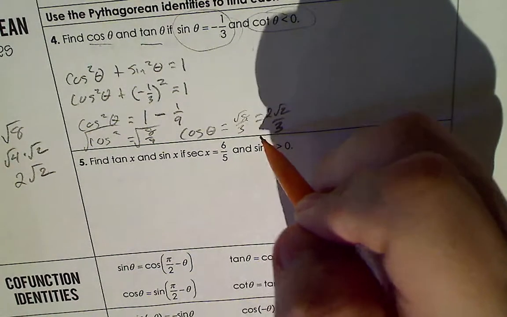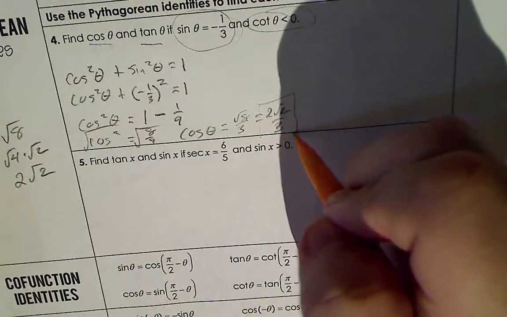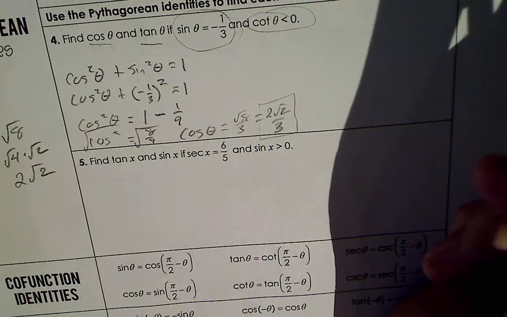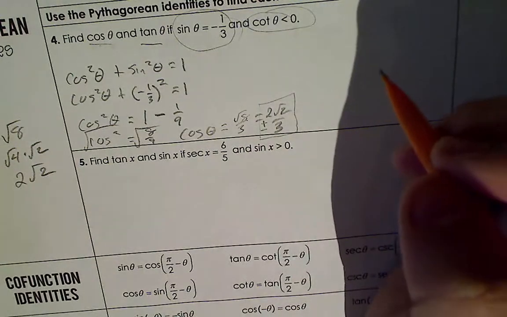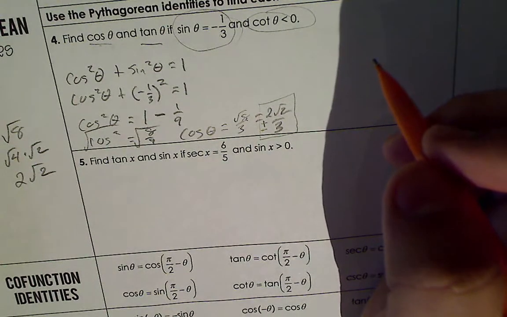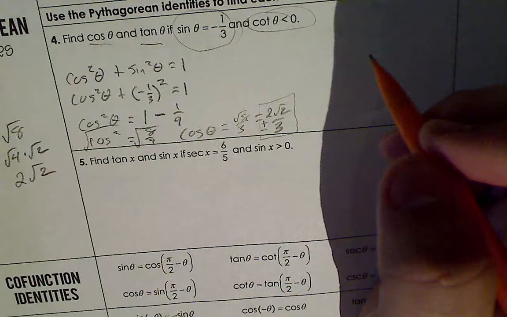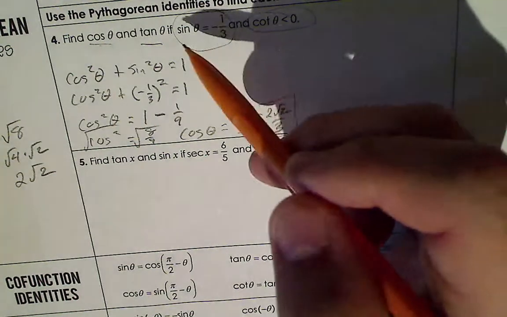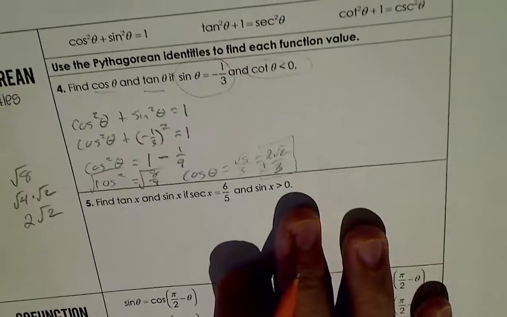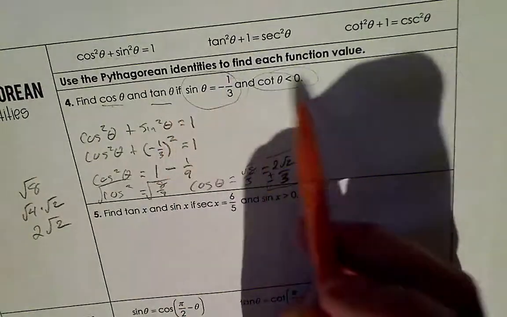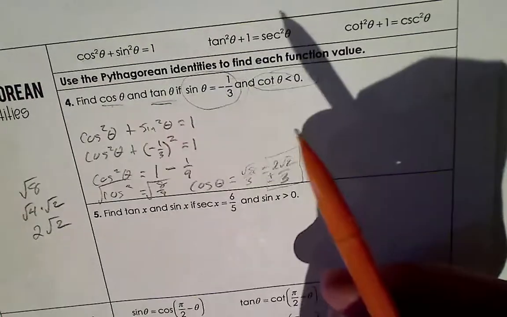So the cosine of theta is 2 root 2 over 3. Plus or minus. I always forget that part because I square rooted a value. Okay. Since I don't know which one it's asking for, I'm going to leave it at that right there, plus or minus 2 root 2 over 3. Then I'm going to find the cotangent of theta.